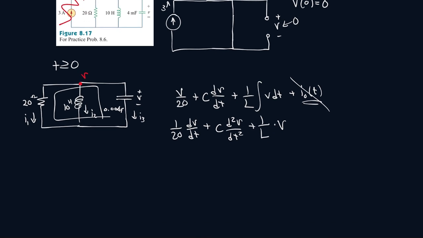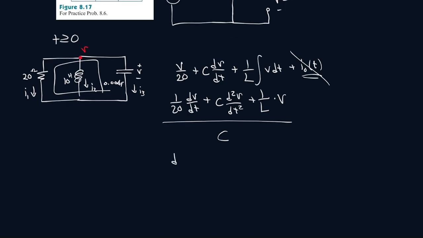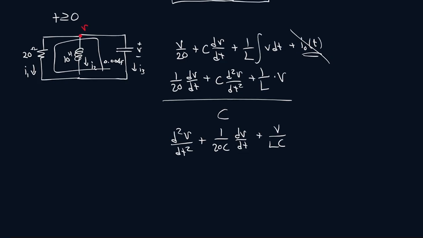So let's just, and we're going to divide everything by C. Okay, so it's going to be d squared v over dt squared plus 1 over 20C dv over dt plus 1 over LC times v. Okay, now I'm gonna have d/dt be equal to s, so it'll be s squared plus 1 over 20C s plus 1 over LC.